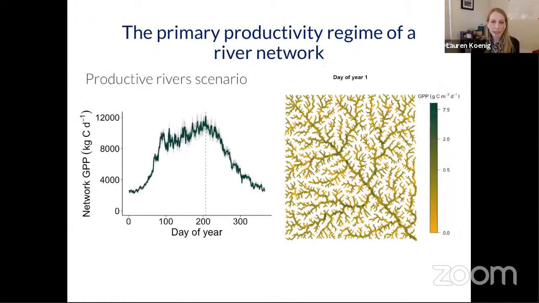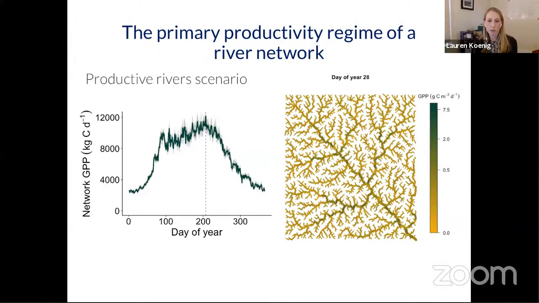So what do we find? Here I'm showing you our initial predictions of the productivity regime for a whole river network. So on the y-axis is network scale productivity for each day of the year. And there's a couple of components to the river network productivity regime that I want to draw your attention to, including the magnitude or the area under this annual curve, and also the timing.